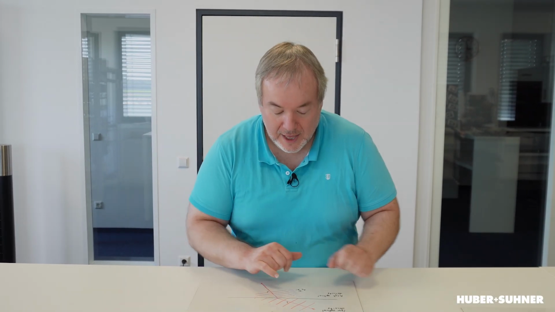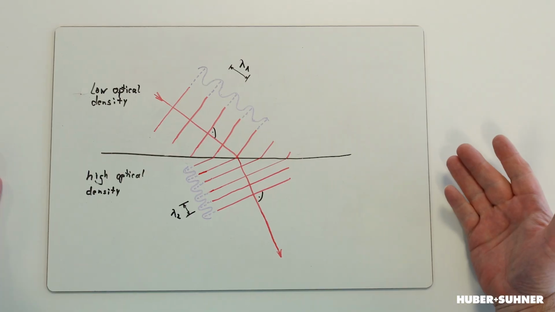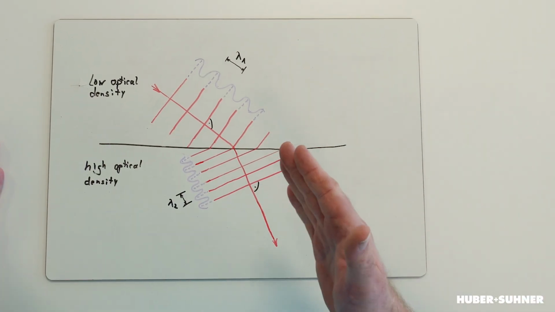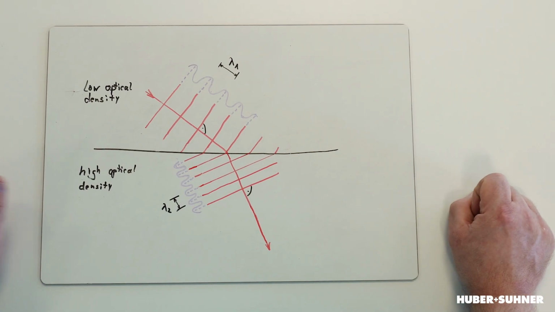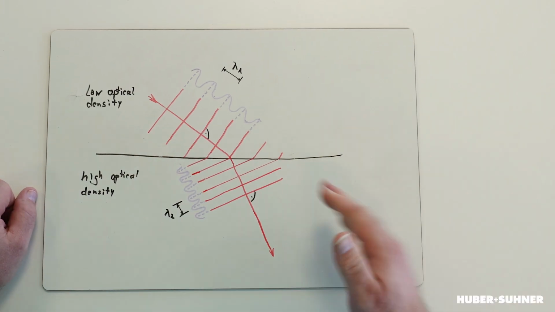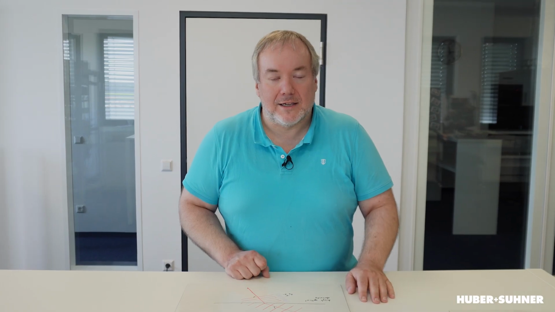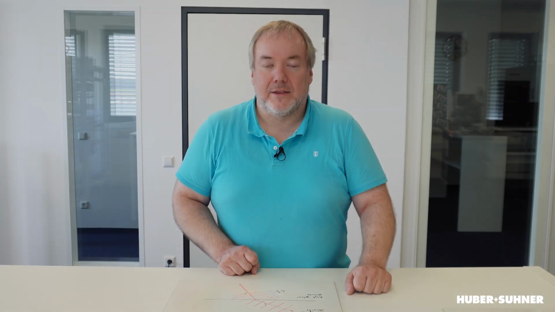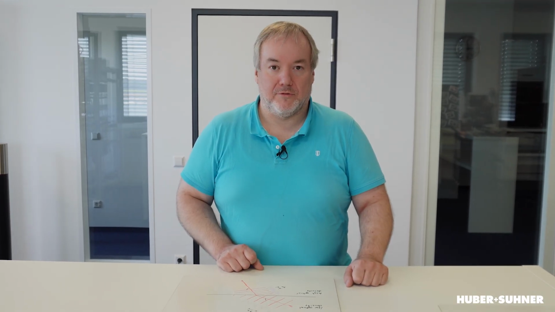And as the wavelength changed in the two materials, the only solution to that is that the beam in the optically denser material is refracted. This means it has a lower angle than the beam in the initial material.